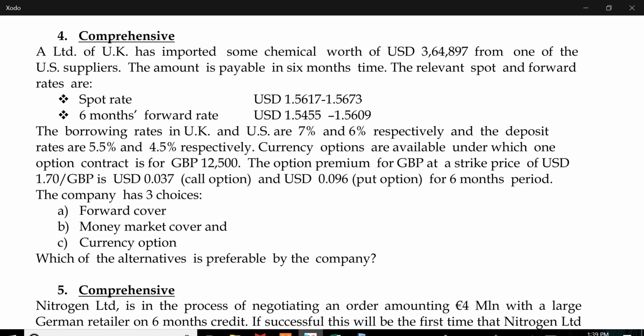Take your time, do the forward and money market cover. You will not see any challenges in those.